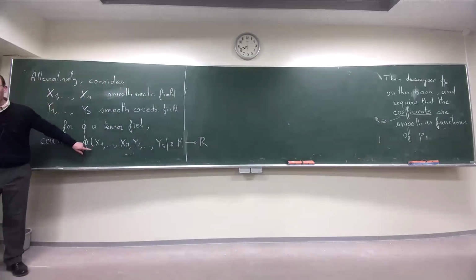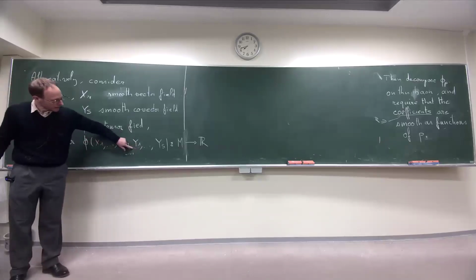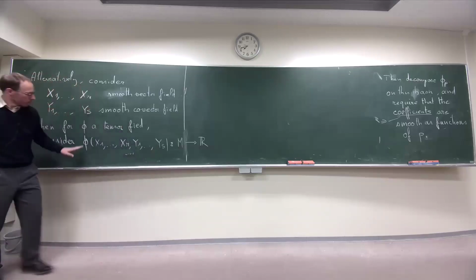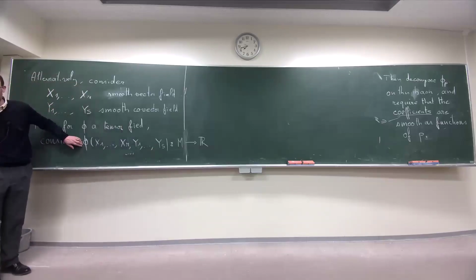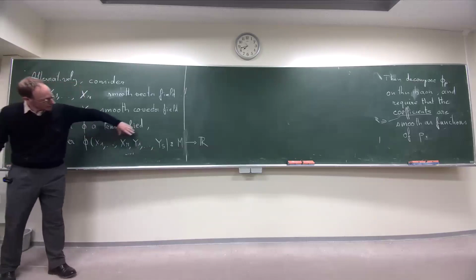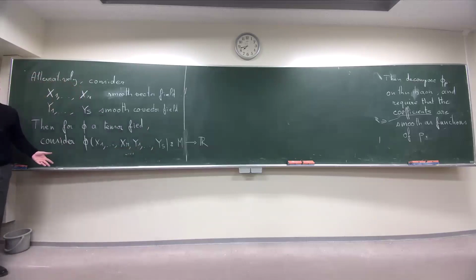Because when you evaluate at a P, this is just a tangent vector. The same here, it's a tangent vector, and here you have an element of the dual space. So this is exactly what a tensor can take: r vectors on the tangent space, s elements on the dual, so you get a number. So this is when you evaluate at a point.